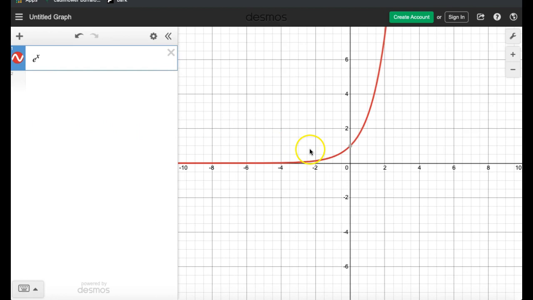So e to the x power, we know from our properties of graphs of exponential functions that we just talked about, the value 1, then whatever the base is, will be on the graph. So this tells me the value of E is 2.718.